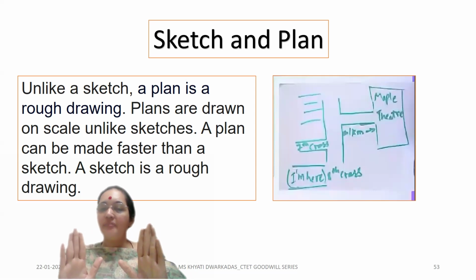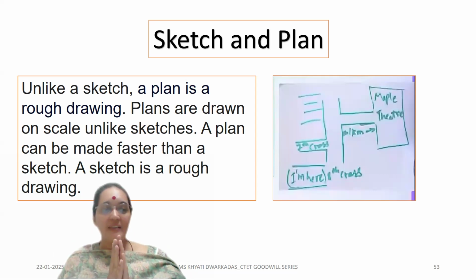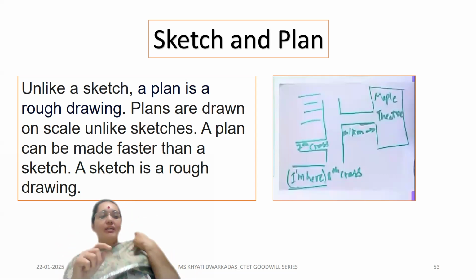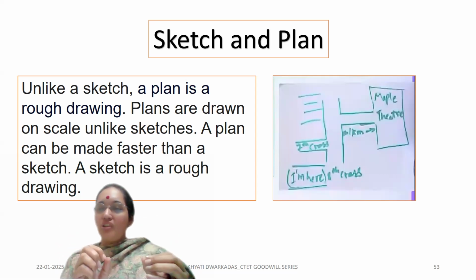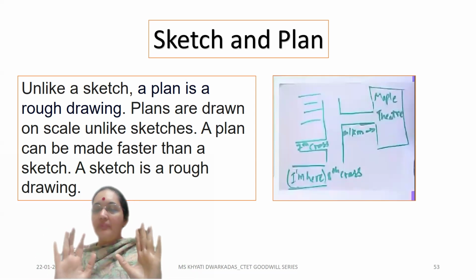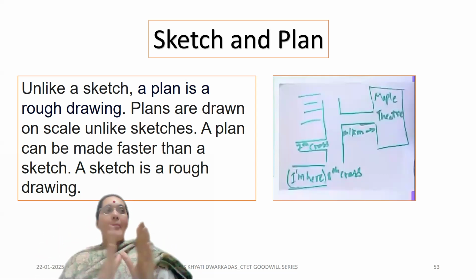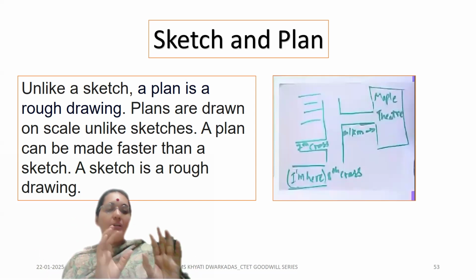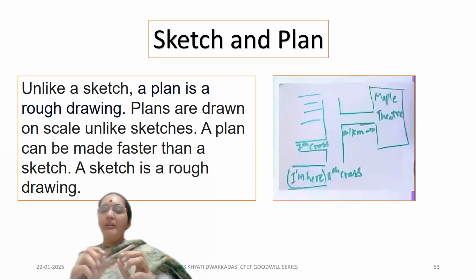Engagement is a rough thing: okay, this couple is fixed. And being married, matlab, pakka pakka. So a sketch is a rough diagram: this is what I want to do. If I buy a new house, I will set up my kitchen here, my hall here, my bedroom here.